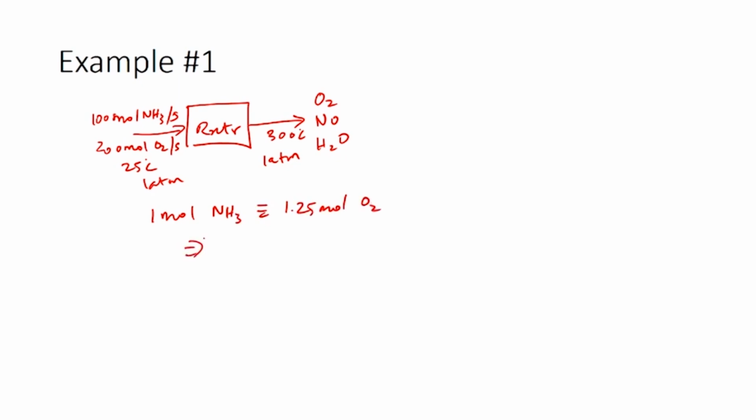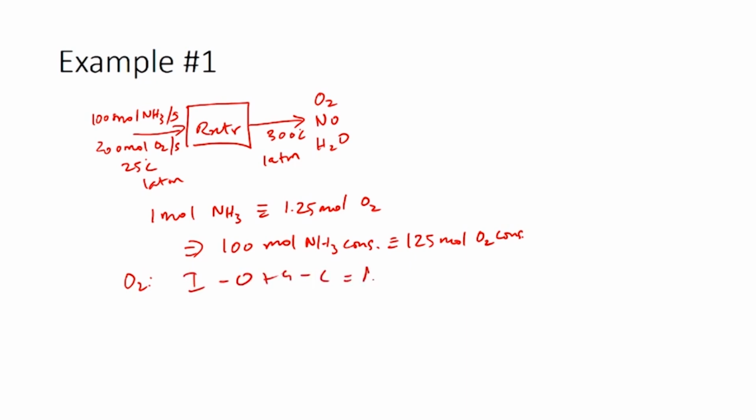This implies for 100 moles of ammonia consumed, you would have 125 moles of oxygen consumed. Now we can write an oxygen balance: input minus output plus generation minus consumption equals accumulation.